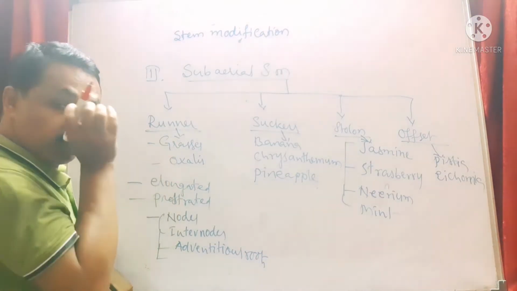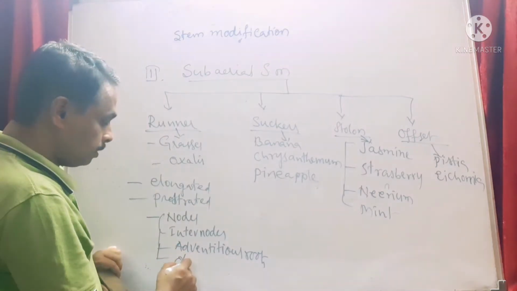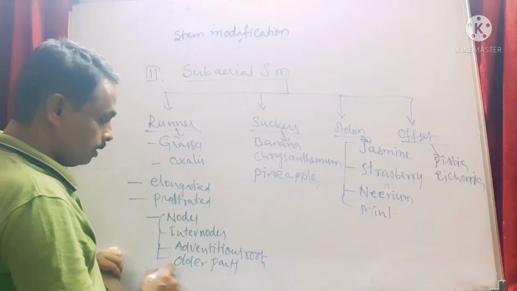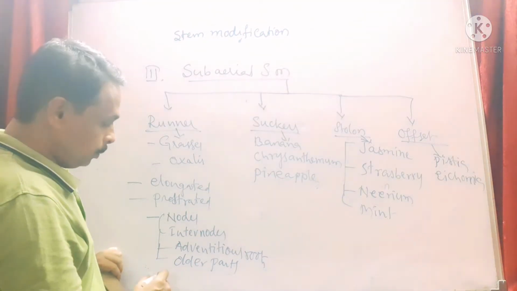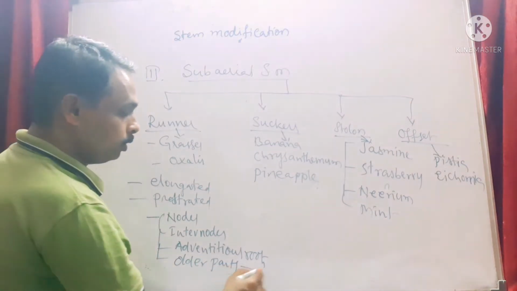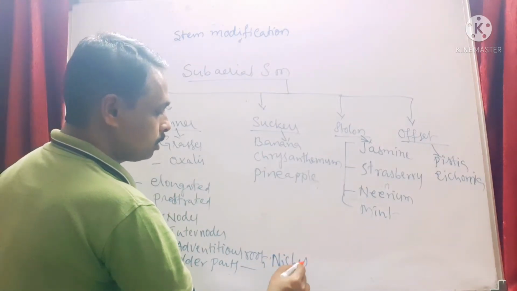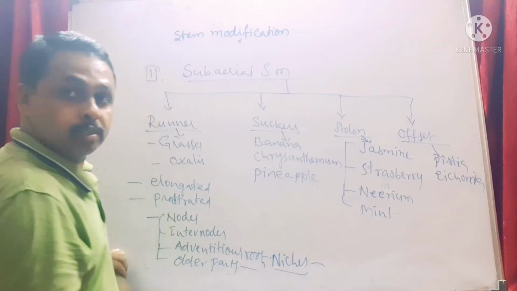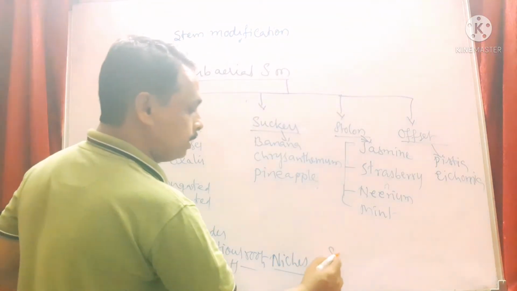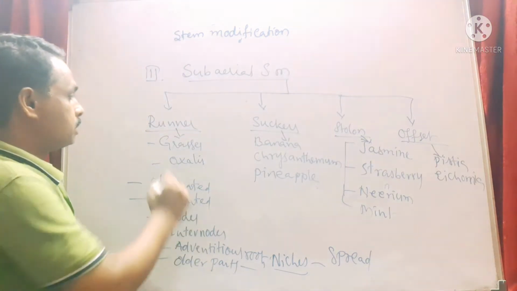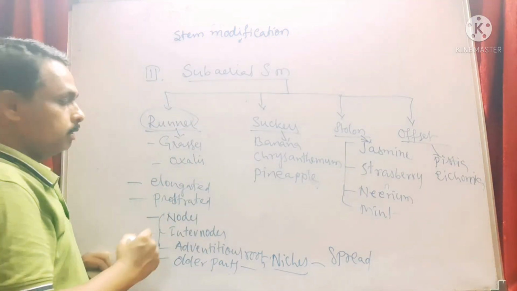When older parts die, then younger, new parts will reach into new places, new niches. In that way, by a process of vegetative propagation, they will spread to new areas. Such structures are called runners.